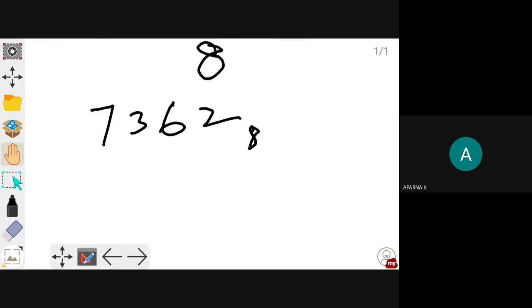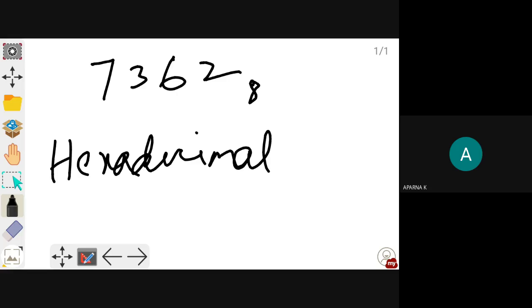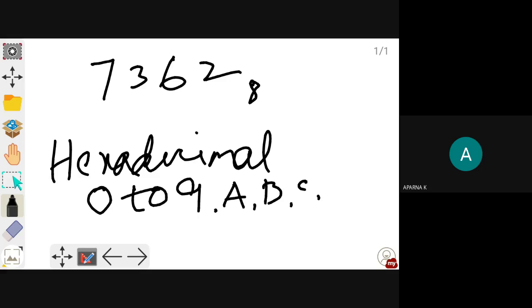The next number system is the hexadecimal number system. It can have 16 values, from 0 to 9, and then A, B, C, D, E and F. A value is 10, B is 11, C is 12, D is 13, E is 14 and F is 15.